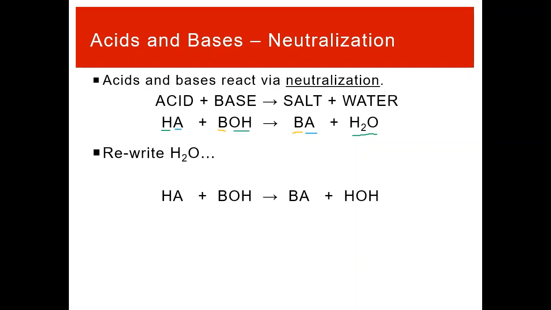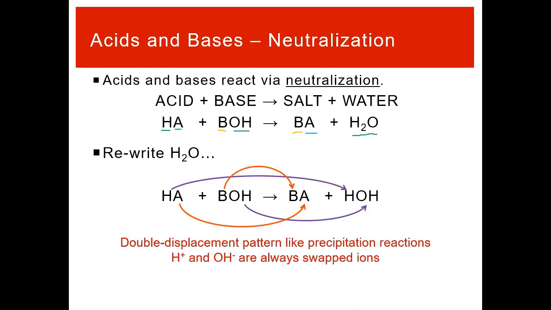If we rewrite H2O as, say, HOH, which is not correct, but if we rewrite it this way, we can see this is following a double displacement pattern. Acid-base neutralization reactions follow that exact same pattern that we already saw for precipitation. This is still double displacement, and the only thing is that the H+ and the OH- swap.